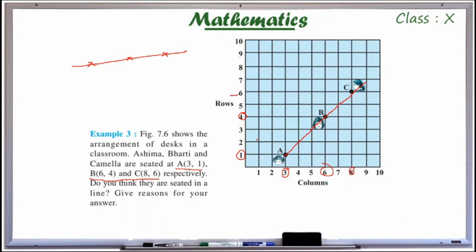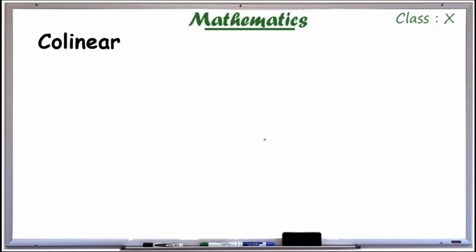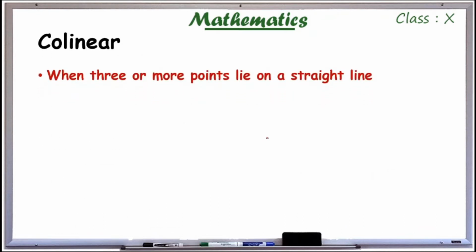So 3 points are collinear, and collinear means when 3 or more points lie on a straight line. See, from the word itself, co-line, which means in a single line. In a single line, if 3 or more points are lying, we can say that these points are collinear.